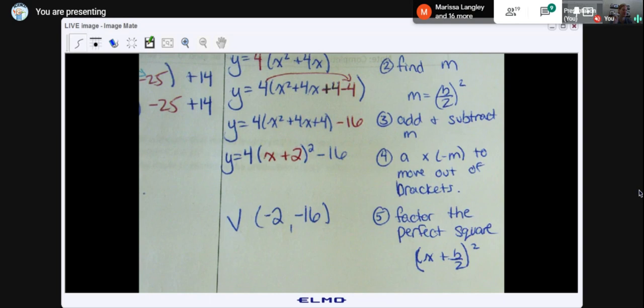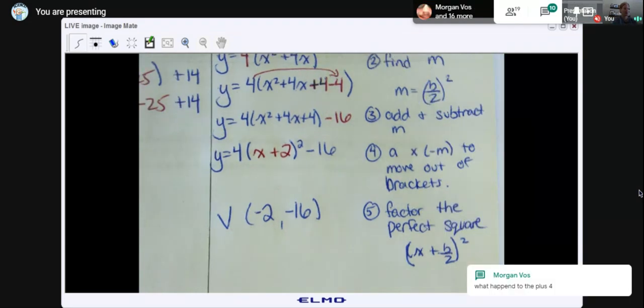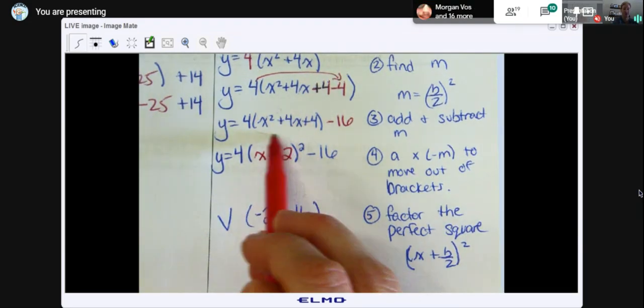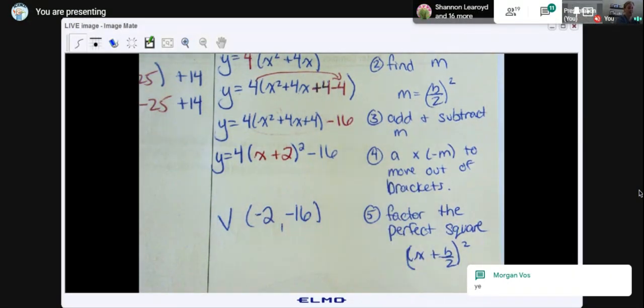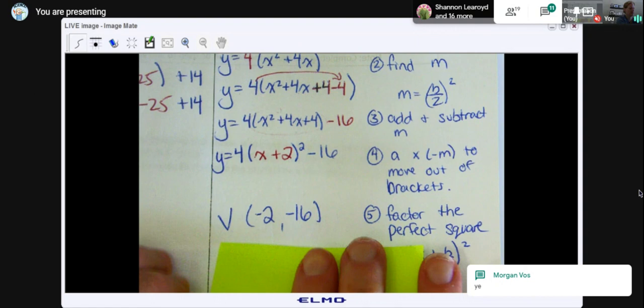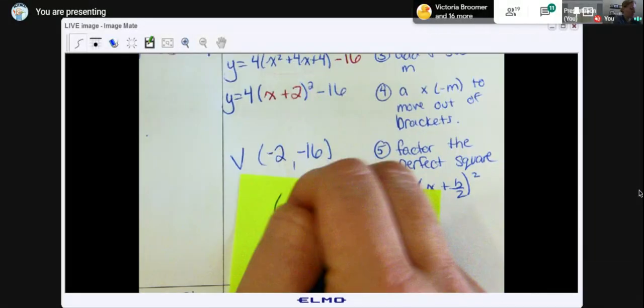What happened to the plus 4? Okay, so Morgan, when we factored it, you're talking about right here, what happened to it? If we had x plus 2 squared, well, that is x plus 2 times x plus 2.